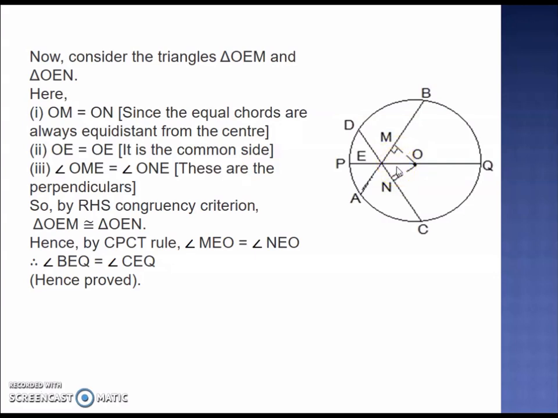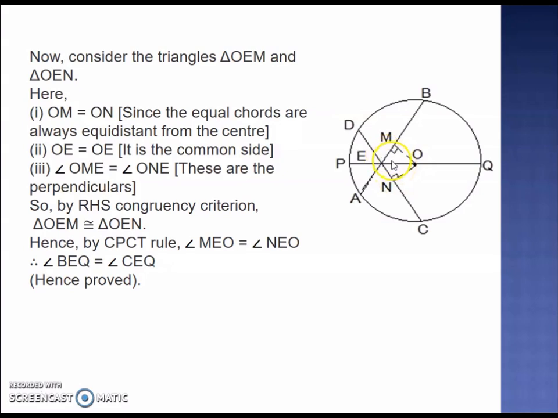Now here one of the angles is 90 degrees each because we have constructed a perpendicular. OE is the common side, that is, hypotenuse is the common side, and OM and ON are equal because equal chords are equidistant from the center. So by RHS we can prove these two triangles are congruent to each other.